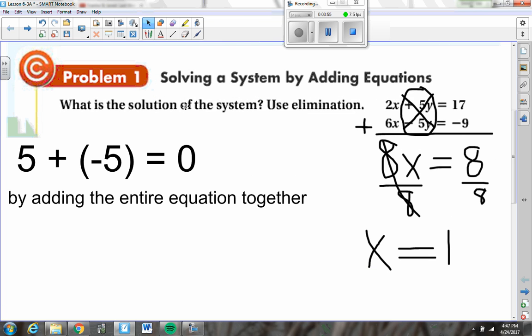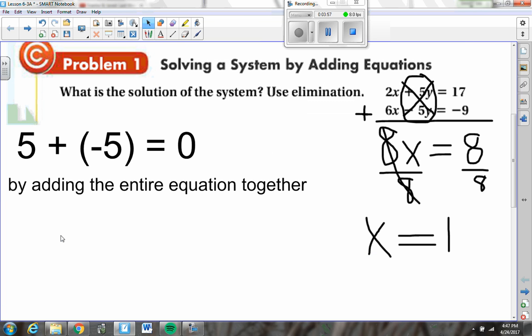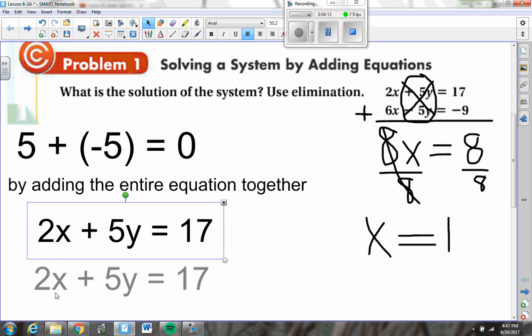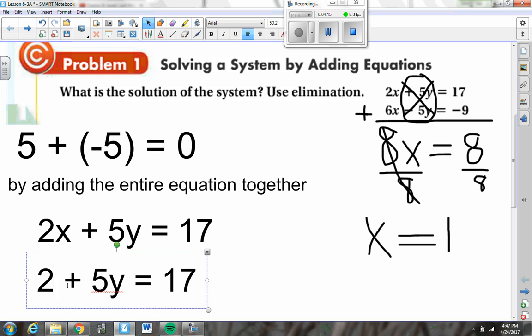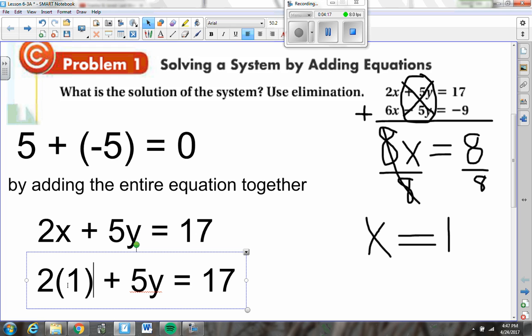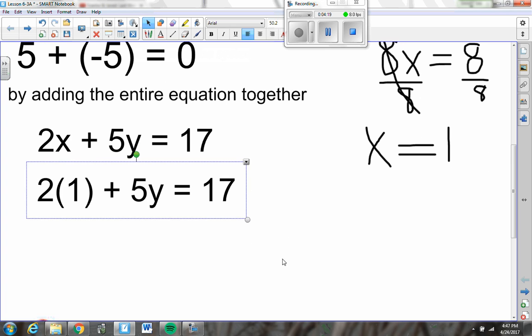Now I'll rewrite one of my original equations and try to solve this for y as well. It says 2x plus 5y equals 17. Instead of putting the x, I'm going to replace that with the number I know x is equal to, which is 1. So it's 2 times 1 plus 5y equals 17.